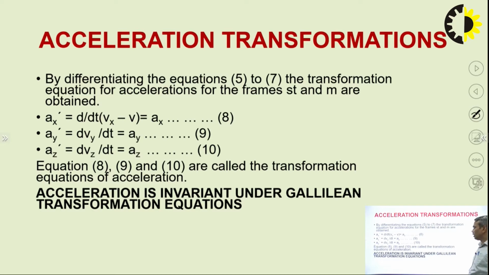So, acceleration is invariant under the Galilean transformation because there is no change in acceleration when we go from one inertial frame to another inertial frame. But in the case of velocity and position, there is a change. So, acceleration is invariant under the Galilean transformation, but velocity and position are variant under it.